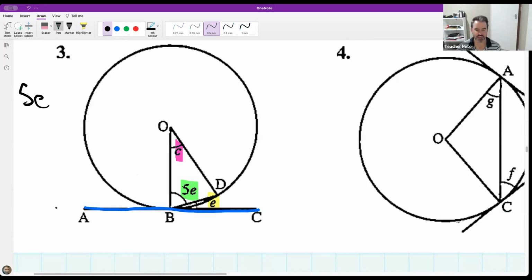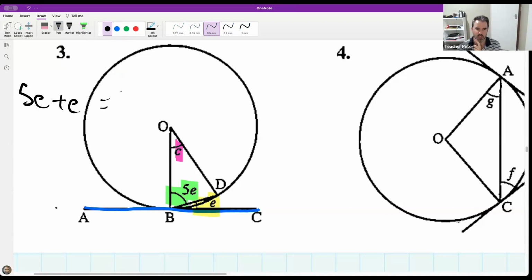So I've got 5e, but there's no, oh, tan radius theorem. So we could say 5e plus e is equal to what? So if I go the yellow one plus the green one is going to be equal to what?